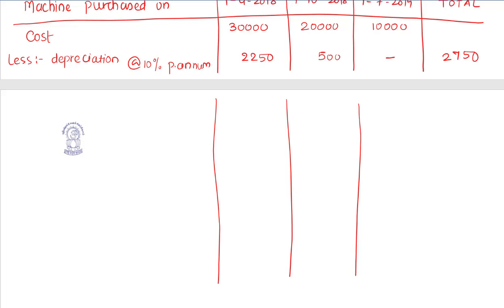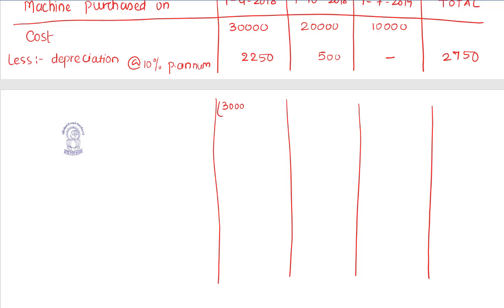Stretch these lines. After deducting it, calculate written down value. First write the calculation over here.